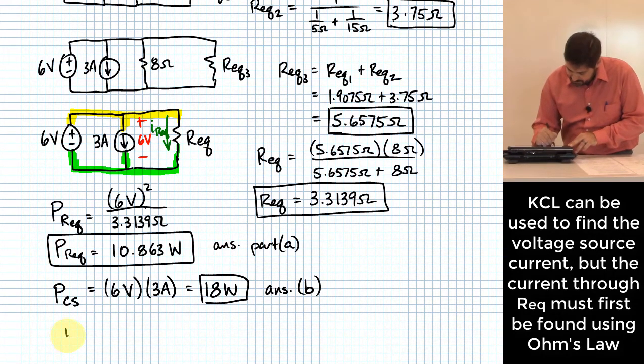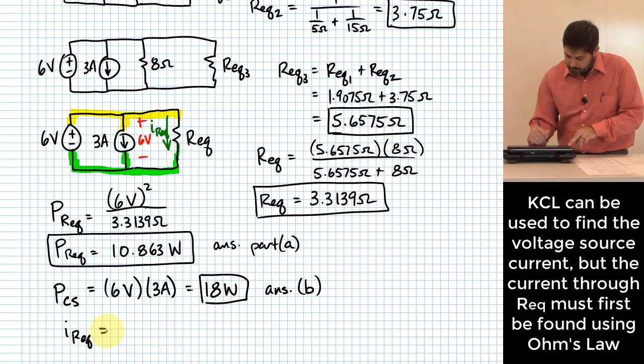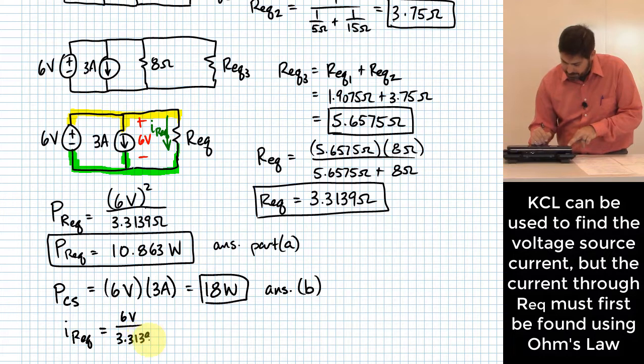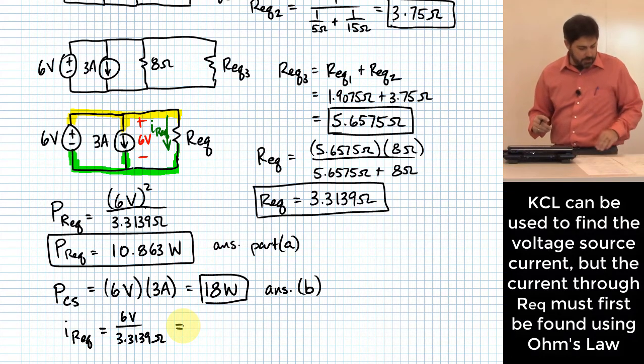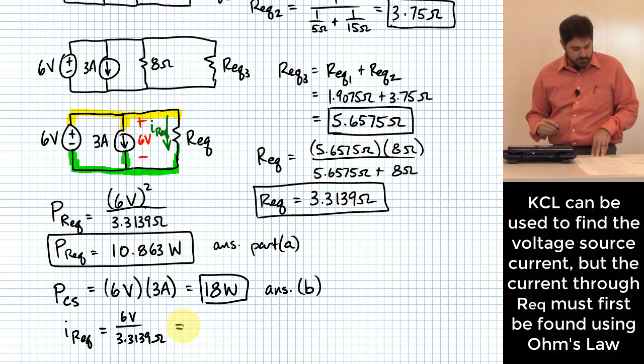Ohm's law says that I for REQ is just going to be equal to what? The voltage over the equivalent resistance, 3.3139 ohms. And if you calculate that, that winds up being 1.8106 amps.